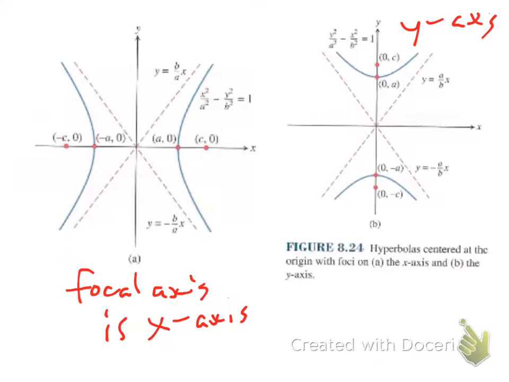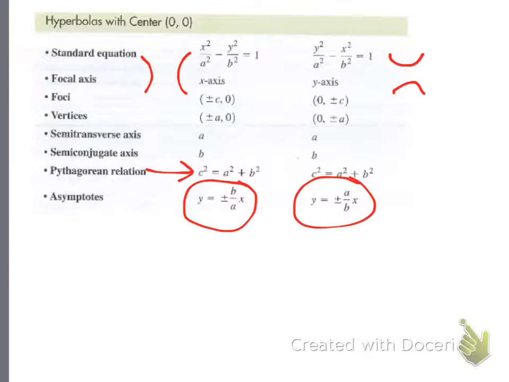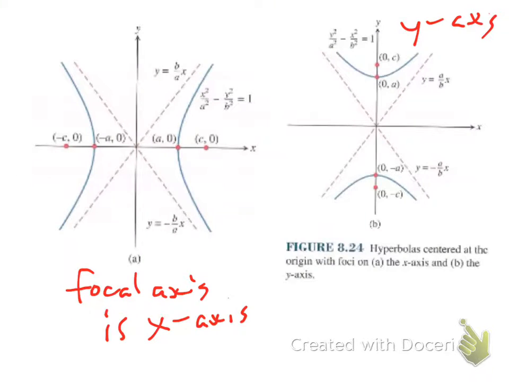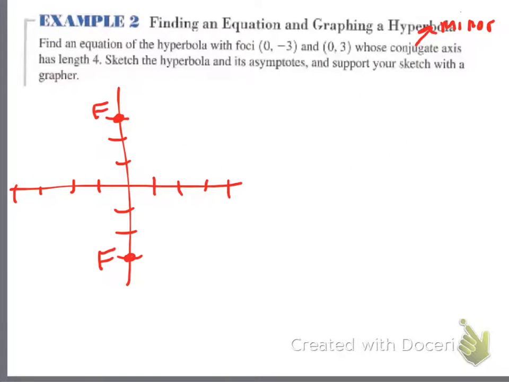So if I come back here, the focal axis is the y-axis. So this is what our equation is going to look like. Y squared is going to come first. So y squared minus x squared equals 1. Now that means that the larger number is going to be under y squared.